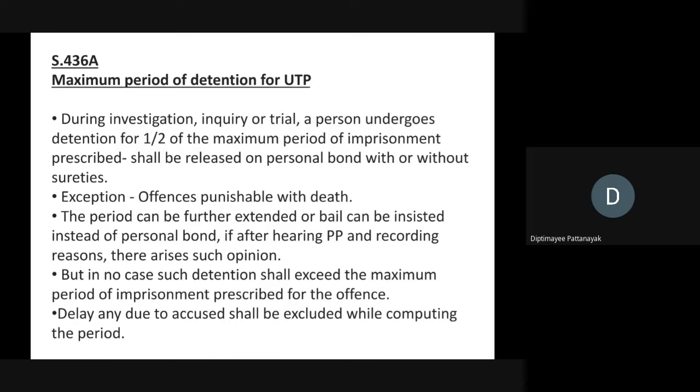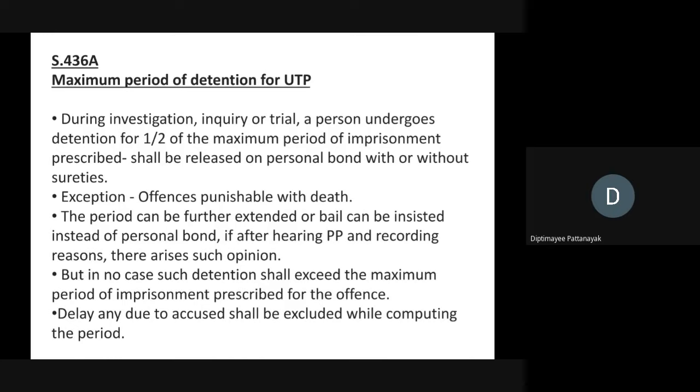So when someone asks you what is the maximum period one UTP can stay inside the jail for all the stages of investigation, inquiry, or trial put together, that would be the maximum period of imprisonment prescribed for the offence. And of course, any delay caused due to the accused, that is the fault of the accused, or he did not insist upon the police report papers, that's the reason it was delayed, or he did not start his evidence, that's the reason it was delayed, or he did not come for charge, or he did not appear.